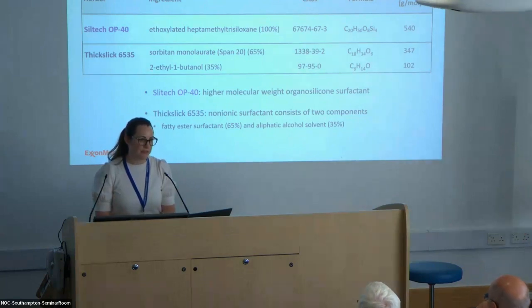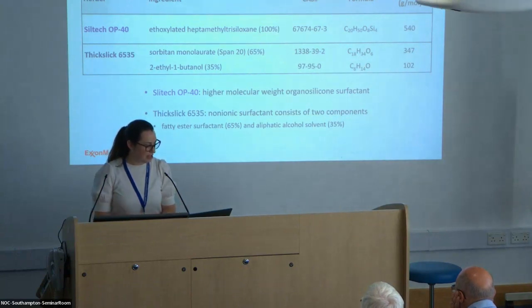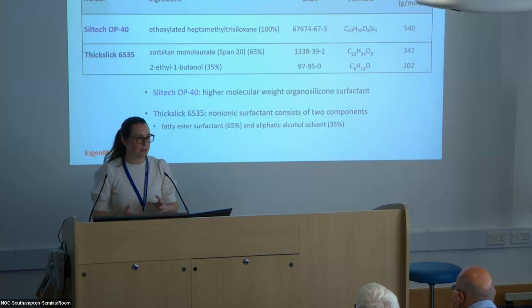Thick Slick 6535 is made up of two components: 65% of a non-ionic surfactant called sorbitan monolaurate, also known as SPAN20. This surfactant is also similar to the surfactants in Corexit. And then 35% of an aliphatic alcohol solvent. This is really just to make that surfactant able to be applied and movable and go through nozzles.